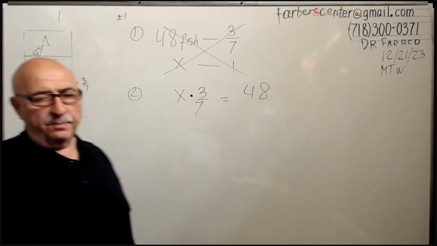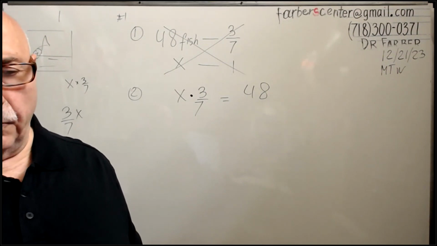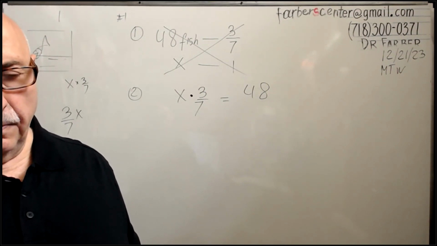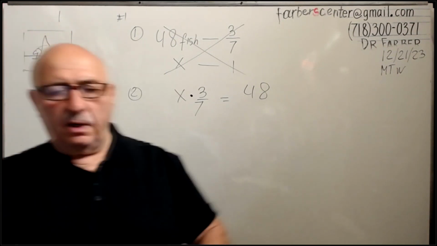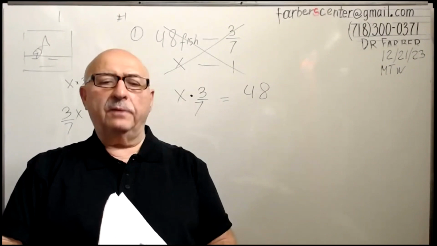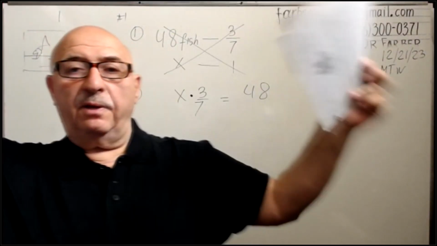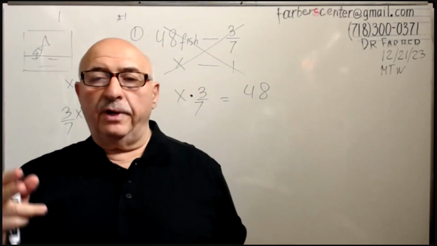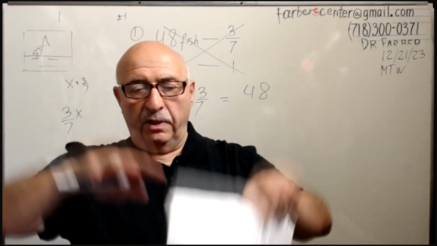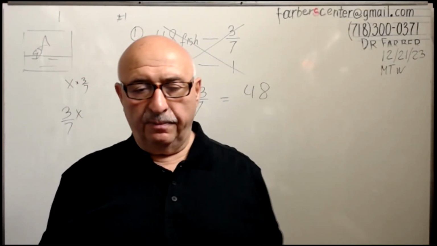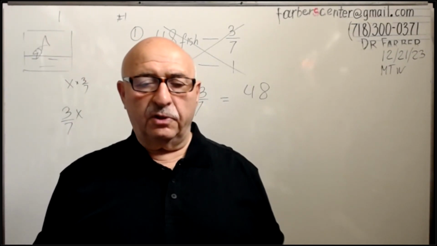Question: why did you put a 1 there? 1 is the whole. Pretend you have an entire pizza. I don't care how many pieces you have, but one entire pizza, and you ate 3/7 of this pizza. 1 is the entire unit of something. This 1 represents the unit of fish in the box.